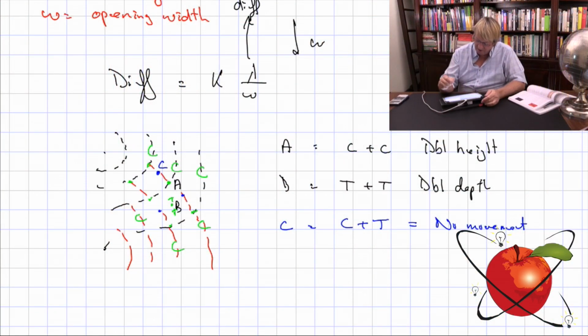So what have we got here? We have got over here constructive interference, and here, destructive. That's what's happening. Constructive and destructive interference.